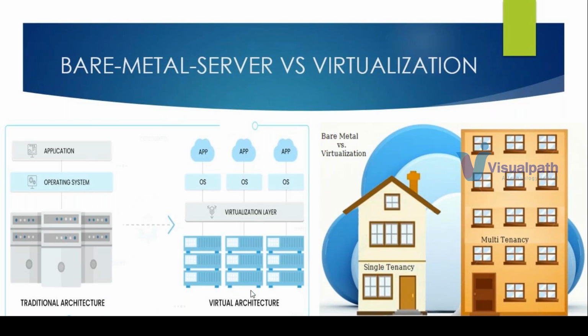In a virtual architecture, you can see a stack of servers, on top of that a virtualized layer, then the operating system, and on top the app. Another example is single tenancy, which is an example of a bare metal server, whereas multiple tenancy is the perfect example of virtualization.